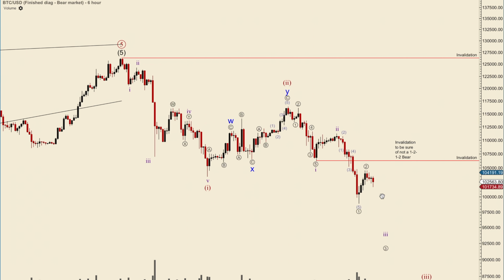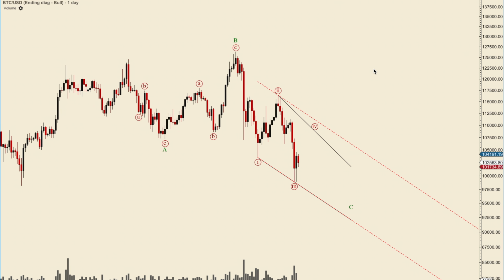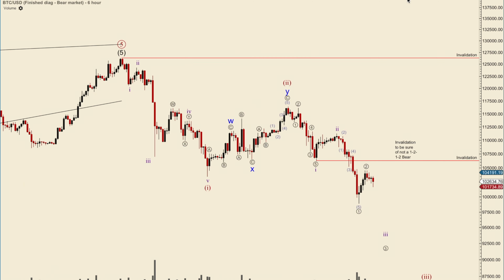But in my case, if we are not getting a super high volume spike down, then the diagonal has the higher probability for now.